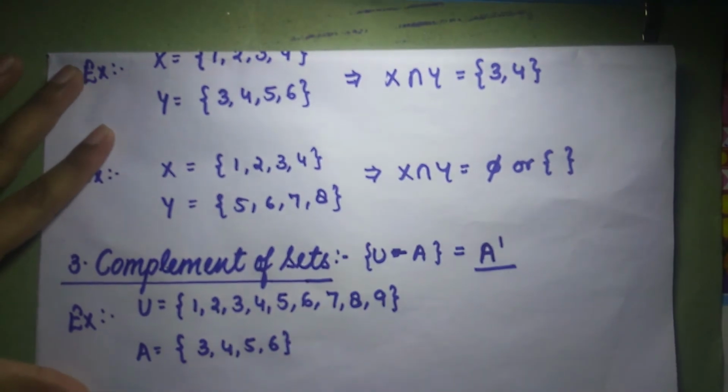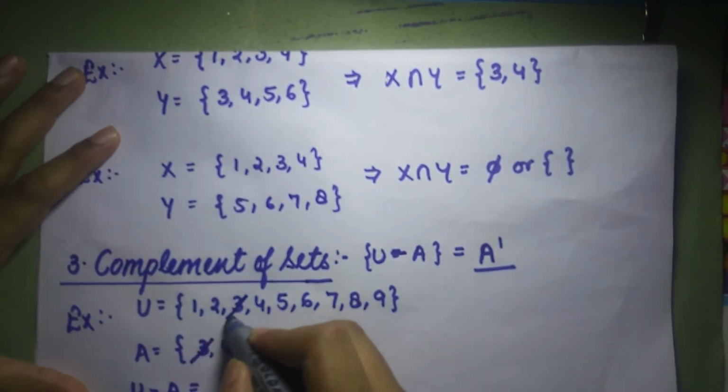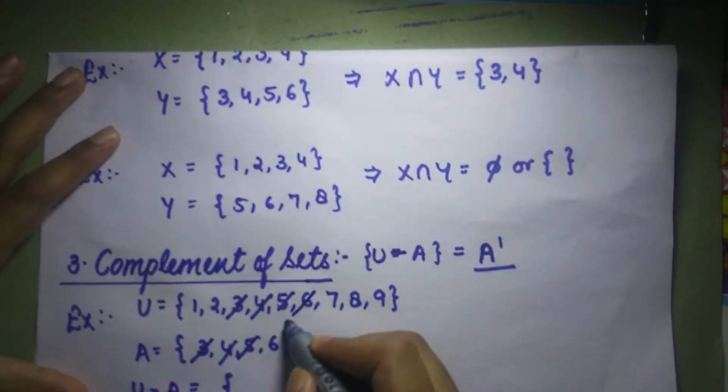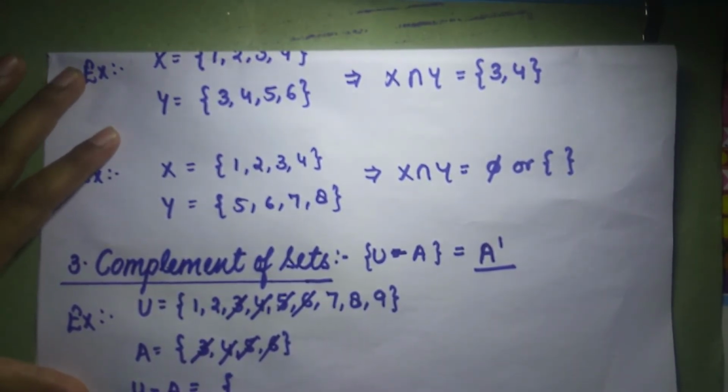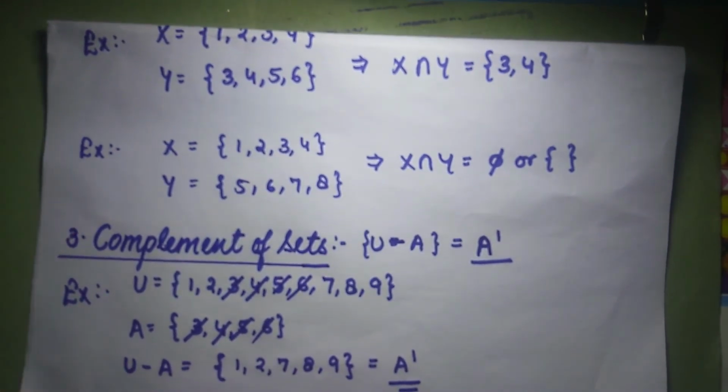In the given formula, U minus A is the complement of set A. So we subtract all the elements of A from U. 3, 4, 5, 6 are subtracted from the universal set, and the remaining elements in set U are 1, 2, 7, 8, and 9. So it is called the complement of set A.